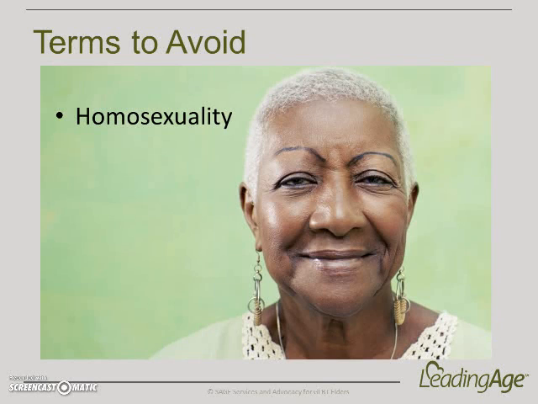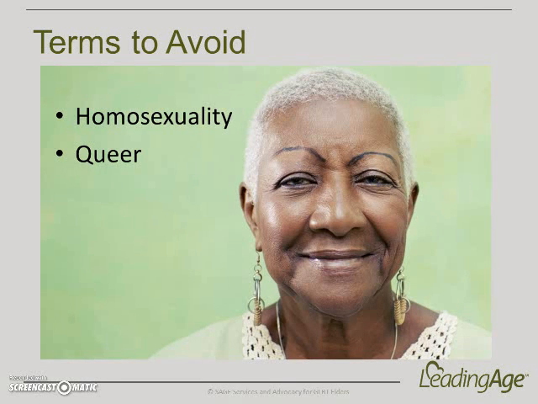What this means is that if you were diagnosed as a homosexual, you could lose your job, you could lose your family, your home, and we know that many people were put into psychological institutions or hospitals against their will until they were, quote-unquote, cured of their homosexuality. What this means is that for many older adults, this term carries a lot of negative, medicalized stigma. So instead of saying homosexual, we recommend that you say gay or lesbian.